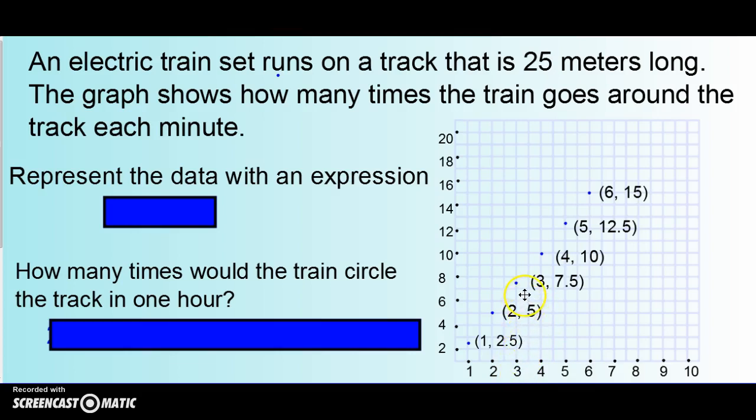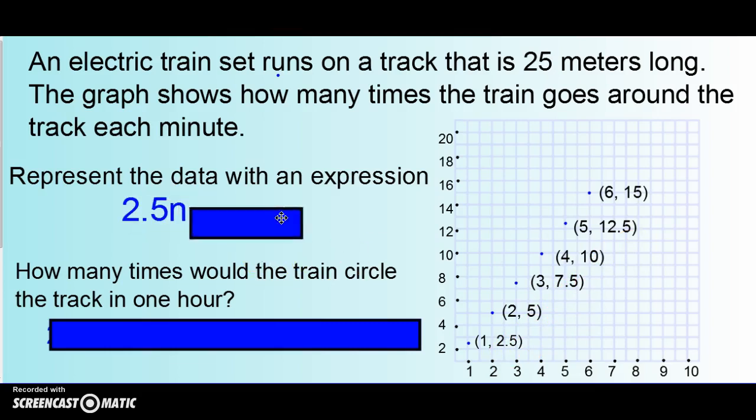After the third minute, you've gone around the track 7.5 times. And see the pattern? Comparing the y's, it looks like the y's increase by 2.5 each time. So we would say 2.5 times each minute, or n, would tell you how many times it's gone around the track.